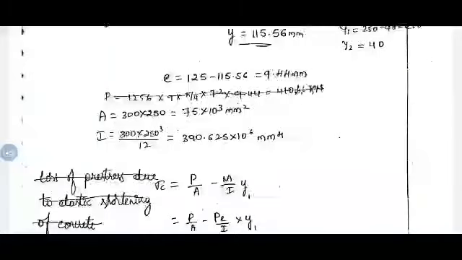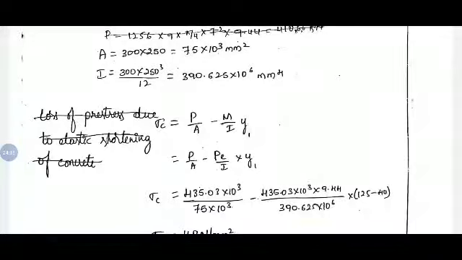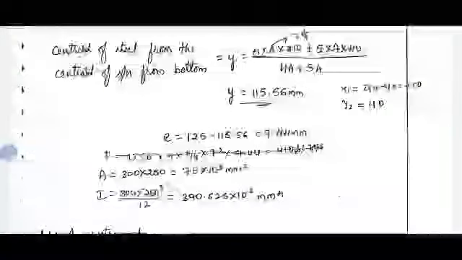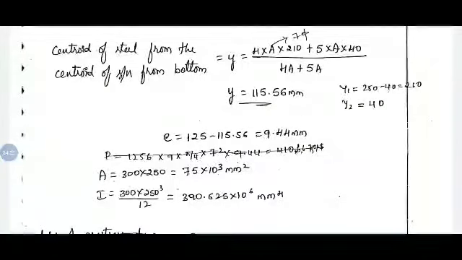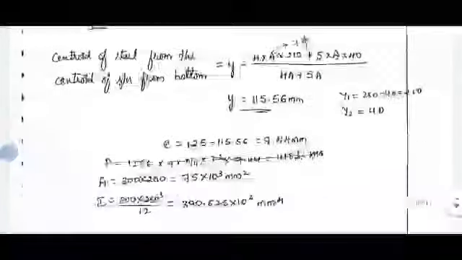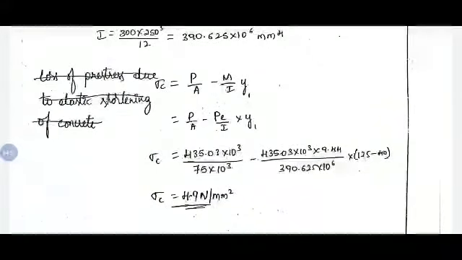So first we will consider top layer. Both y1 and y2 will remain same because the effective cover is 40 mm at top as well as at bottom. So with respect to the centroid distance, it will remain same.